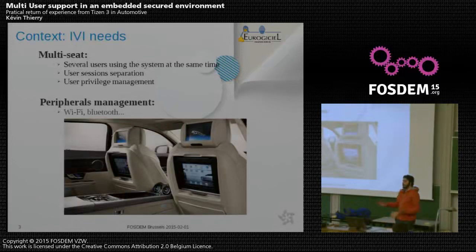We don't want a user to mess with another user's content and applications. And we need to be able to manage privilege. We need to have a user who will have more privilege to control and configure the main resources. And we need to manage the peripherals through Wi-Fi, Bluetooth, but it can also be USB ports.